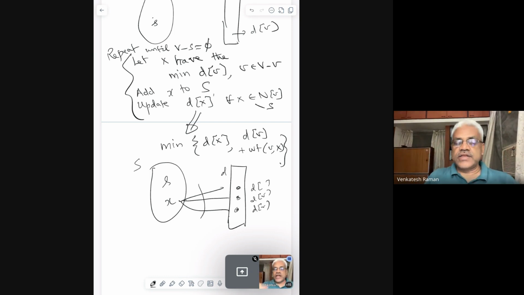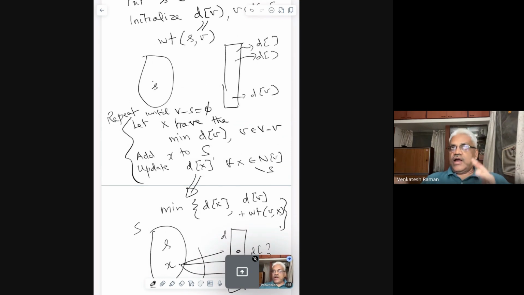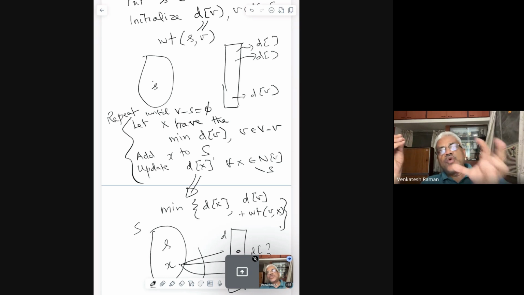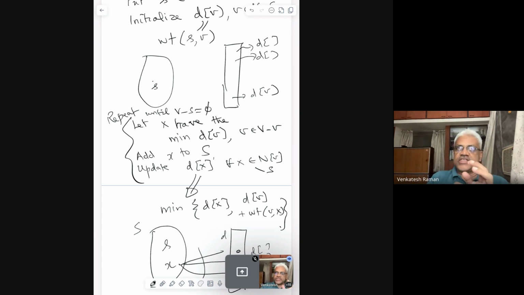Okay, so is the algorithm clear? Does it look like what exactly Dijkstra does? We remember the distance of every vertex outside S. Then I pick the smallest among them and add it to S. Now, because of this addition, some of the distances may have changed. Why do they change?